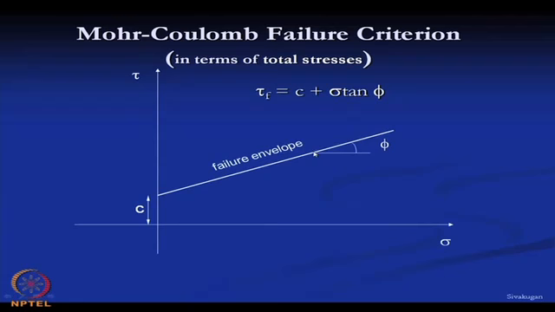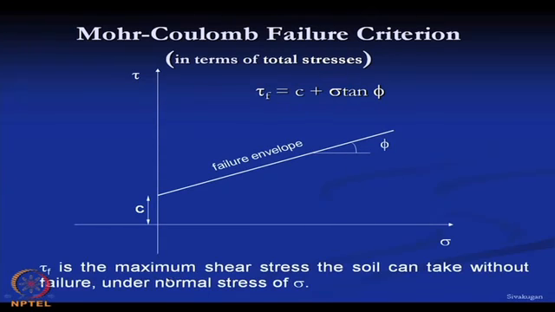Tan phi is the slope of this line, so if we know the slope, we can determine the angle phi. So tau f is the maximum shear stress the soil can take without failure under normal stress sigma.